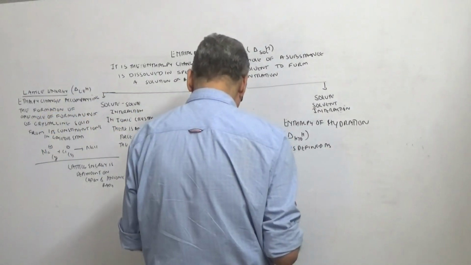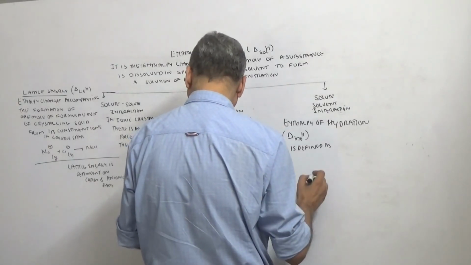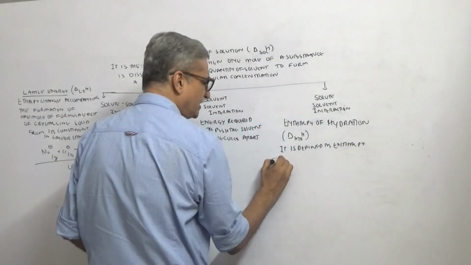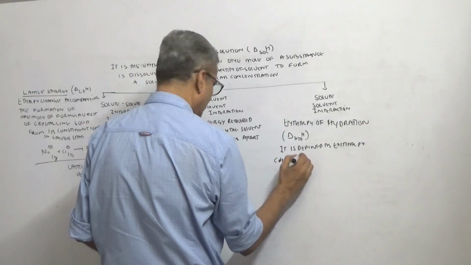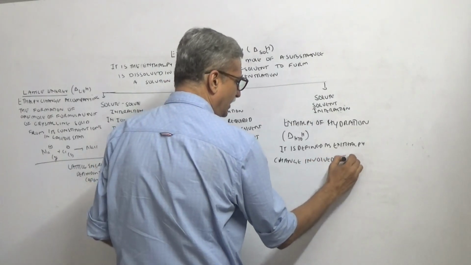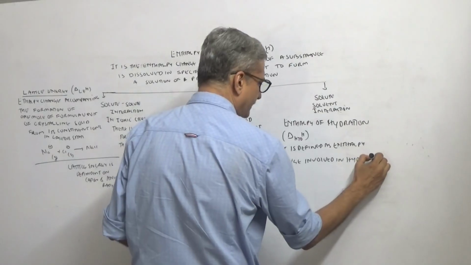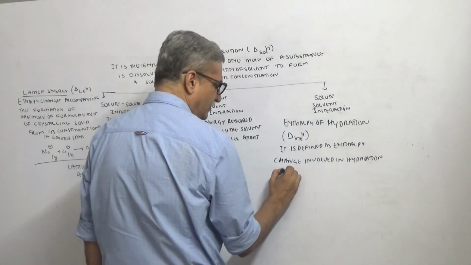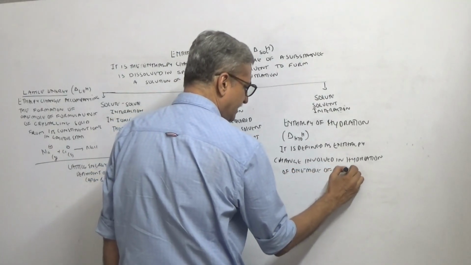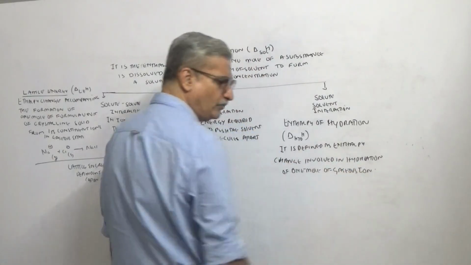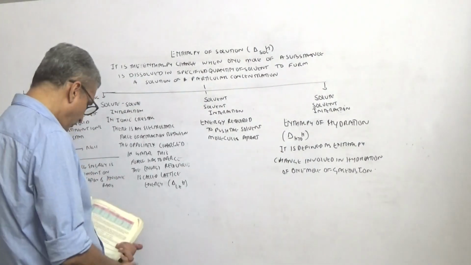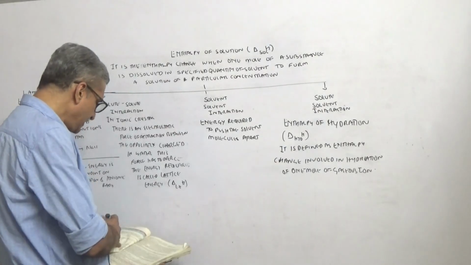It is defined as the enthalpy change involved in hydration of 1 mole of gaseous ions. So sodium ion, what is happening? It is getting surrounded by water and forming a bond, and bond formation is exothermic.